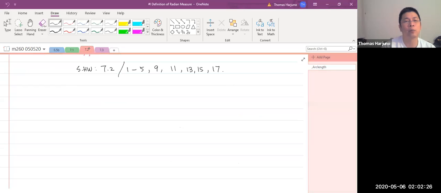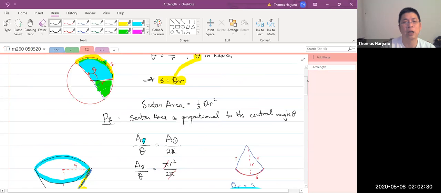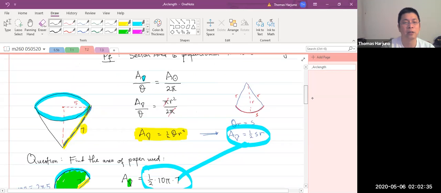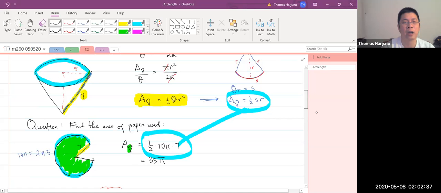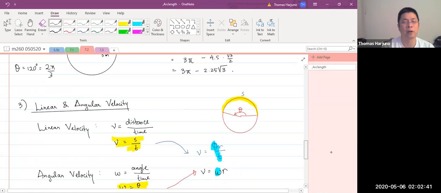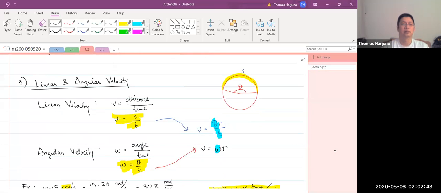And then in 7.2, you use theta in radian to find arc length, sector area, segment area, and then linear velocity and angular velocity. Okay, that's where I will stop.